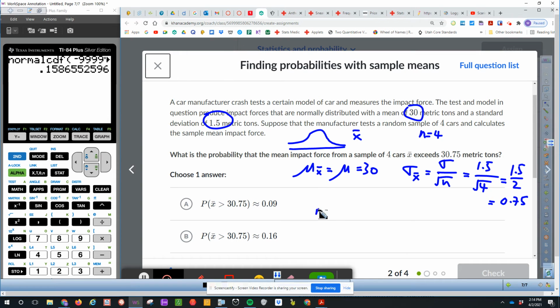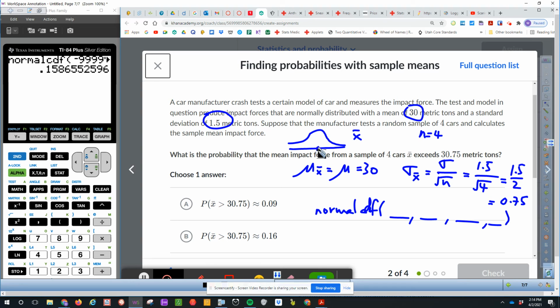So we need to go to normal CDF, right? Normal CDF, and we need 4 things. Here we are asking, what's the probability that the mean impact force from a sample of 4 cars, X bar, exceeds 30.75?